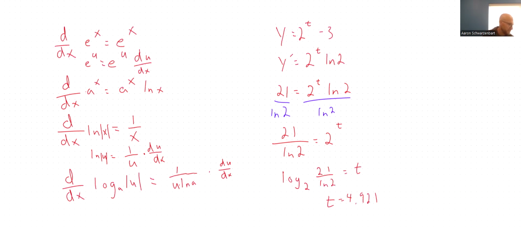And this, for t, let's see, what did the question ask? It says, at what point? This is the t, or my x. I now need to get my y.